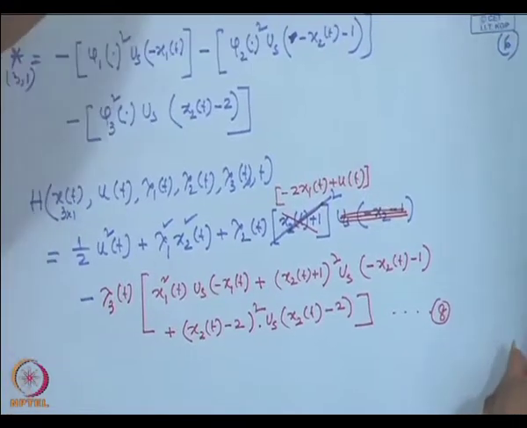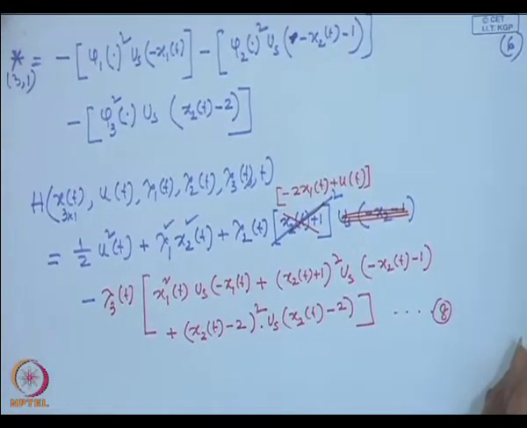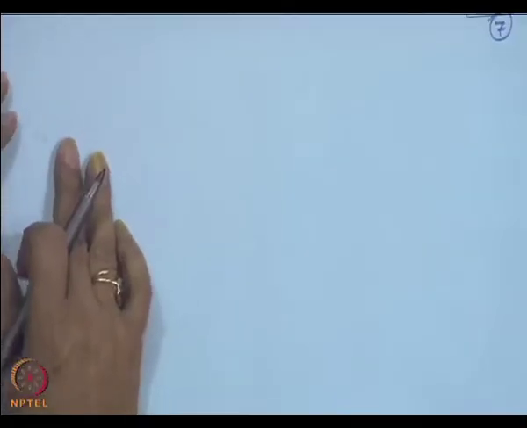Now, we can write our necessary condition, the function to be optimized, that means control effort to be minimized. So what is our problem?